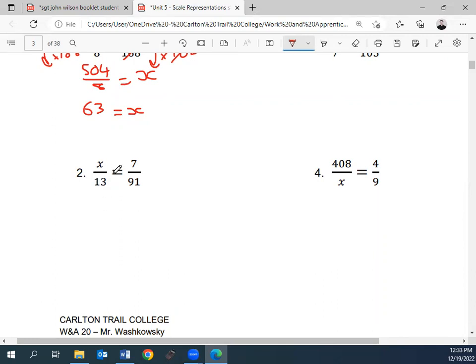So remember, I see an X here, right? There's an X in this question. My ultimate goal is to get that by itself on one side of the equal sign. I don't know which side it's going to be on yet, but I want X by itself. So I need to get rid of this 13 here, so I have to do the opposite. Right now, X is being divided by 13. What's the opposite of dividing?